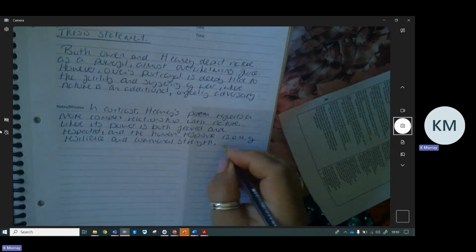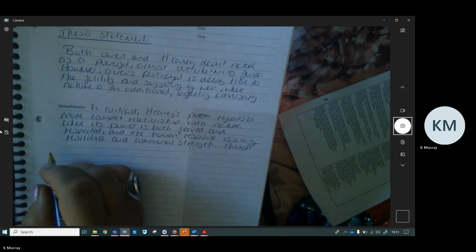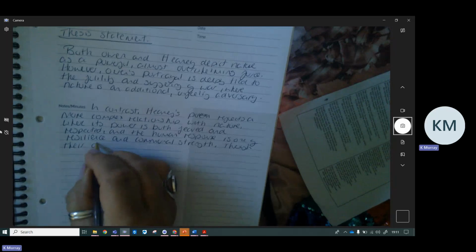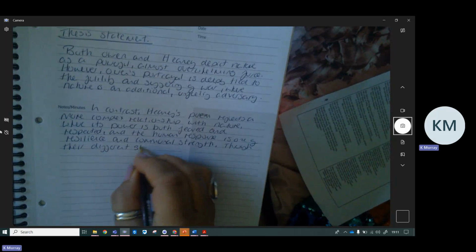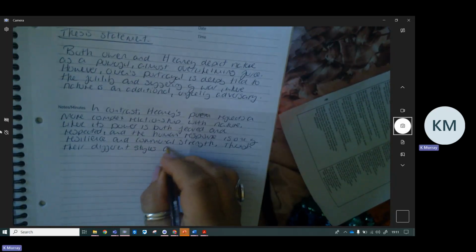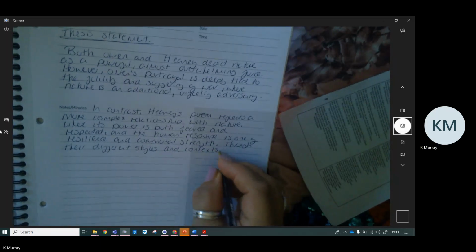So through their different styles and contexts, very different contexts, aren't they?